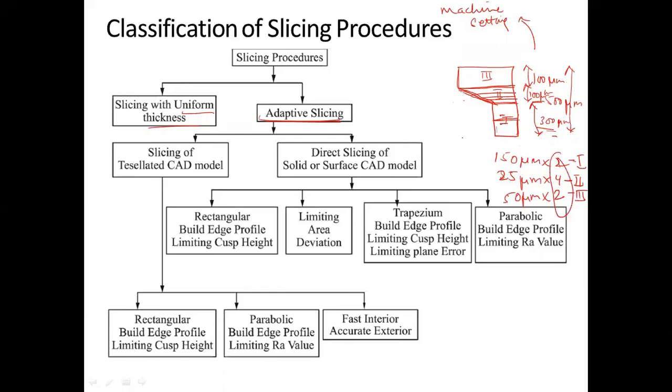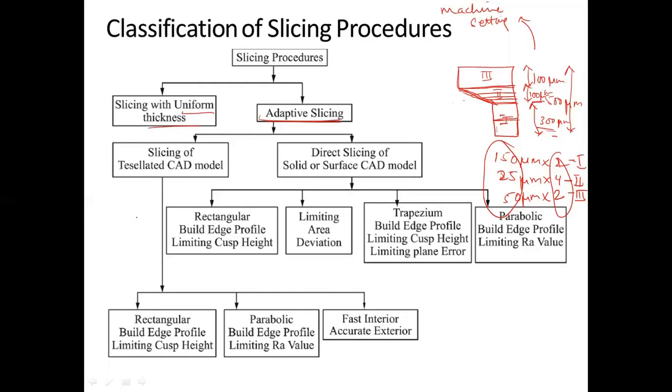So when I go about changing my layer thickness with respect to different characteristics or different modes of the part to be fabricated, this is what is called adaptive slicing. Now, adaptive slicing is actually something which is very tricky to understand.